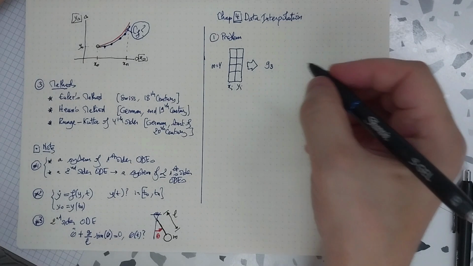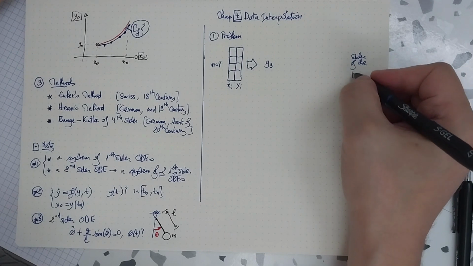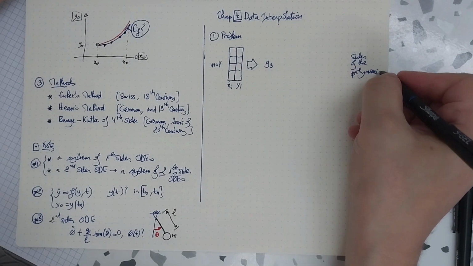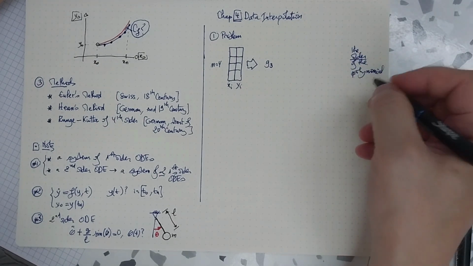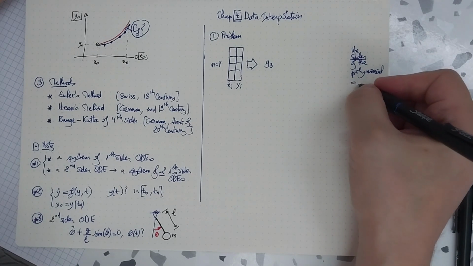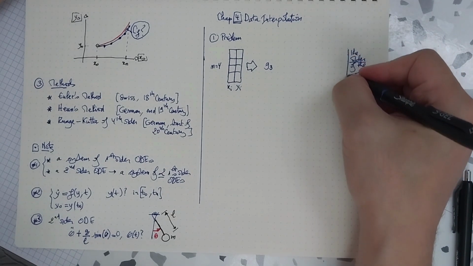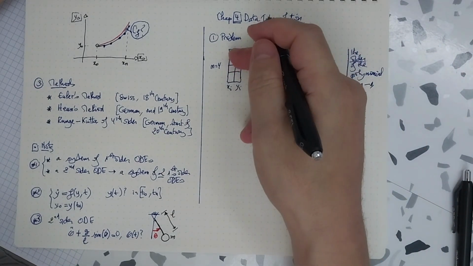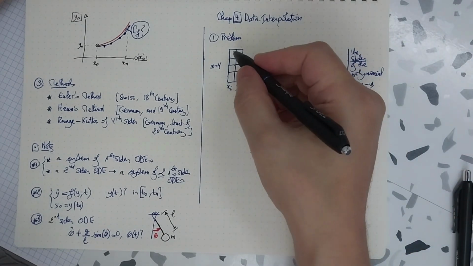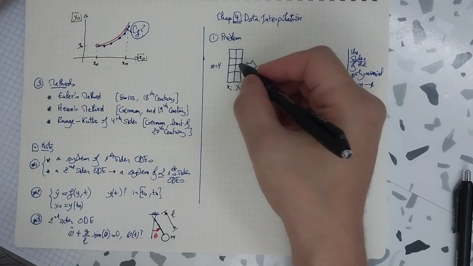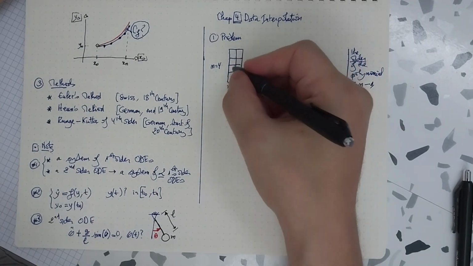The order or the degree of the polynomial must be equal to the number of points minus 1. Always, always. So if you have more points, the degree of the polynomial will increase, of course.